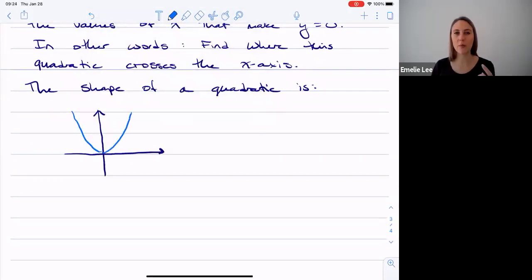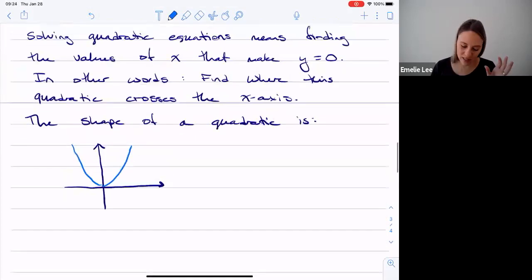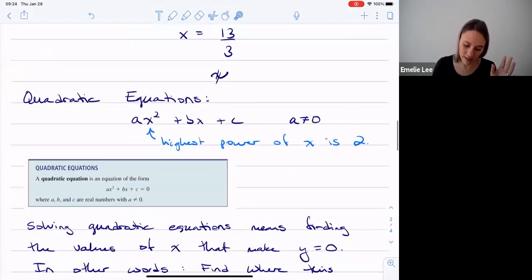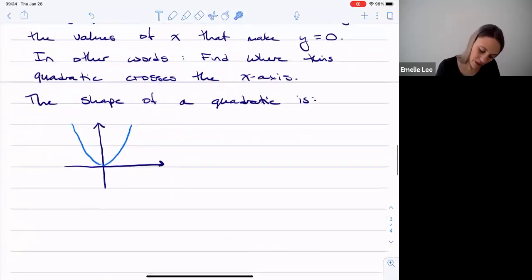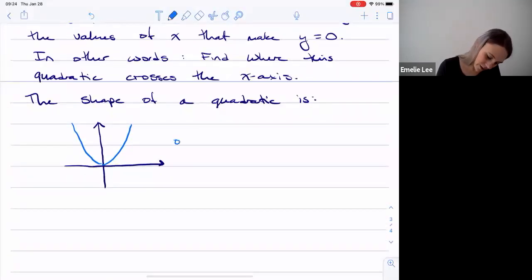It's this parabola, and because the highest power of x is x squared, it's going to behave like x squared. And then this changes stuff that happens in the middle, but overall the behavior is going to be a parabola.